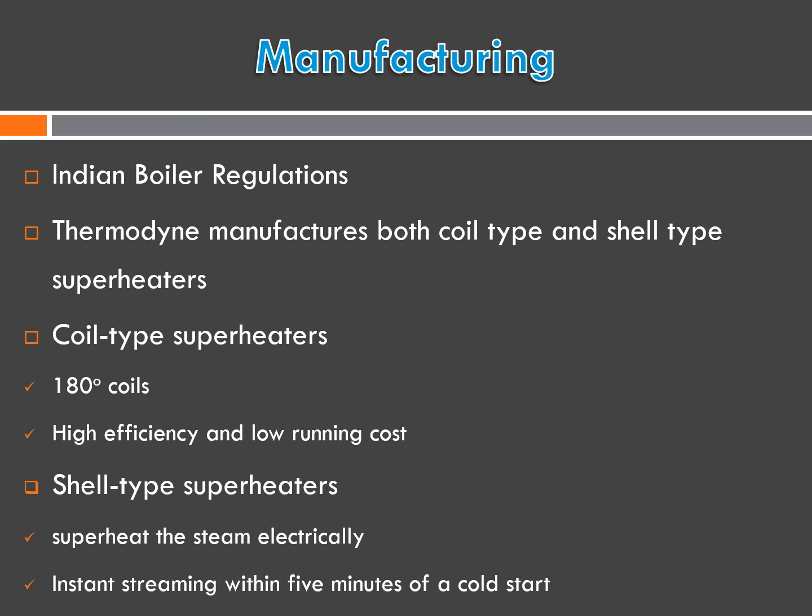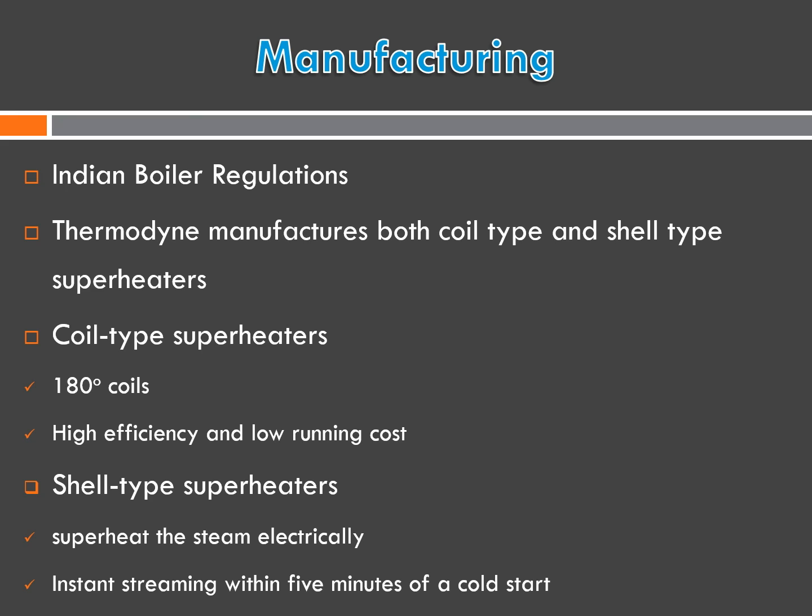Secondly, the shell type superheaters are designed generally to superheat the steam electrically using special heating elements stacked in a shell, and the steam flows over the heating elements. This shell type superheater has instant steaming within 5 minutes of a cold start.